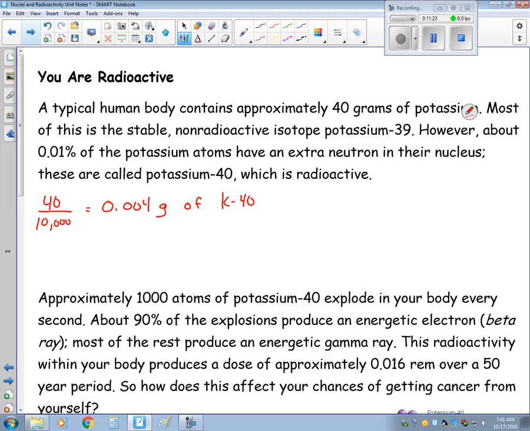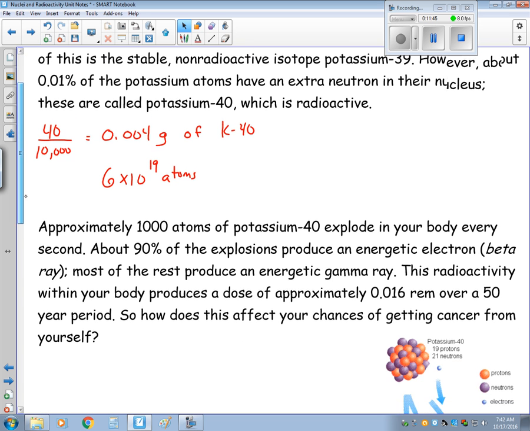It is a cancer-producing isotope. At 0.004 grams, you have roughly 6 times 10 to the 19 atoms that are cancer-causing radioactive atoms. So that's quite a lot of atoms.